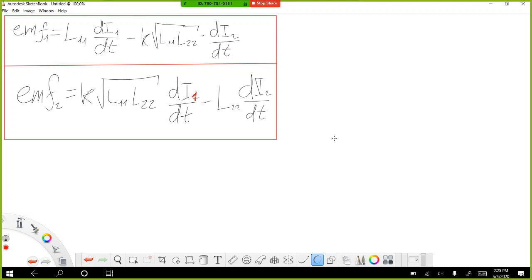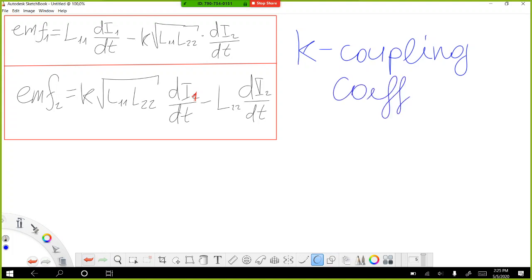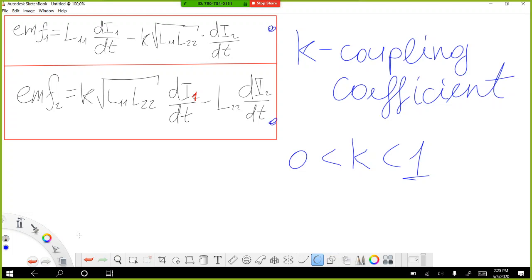And here we said K is the coupling coefficient, and K is always greater than 0 and less than 1. These two are the equations for a real transformer with finite permeability and flux leakage.